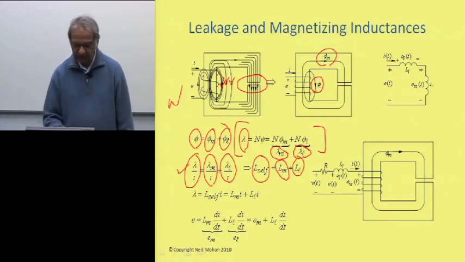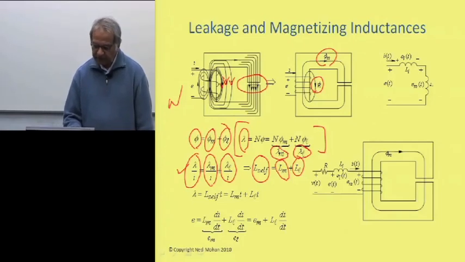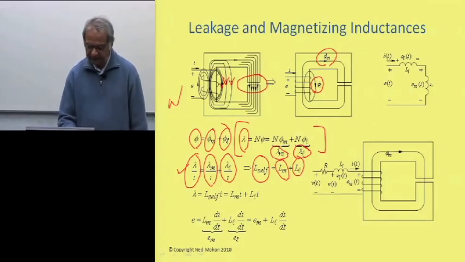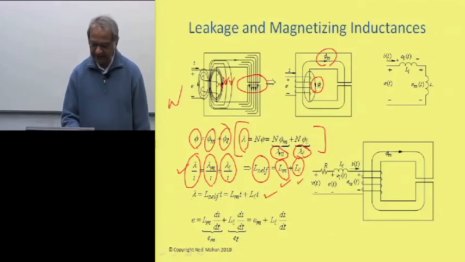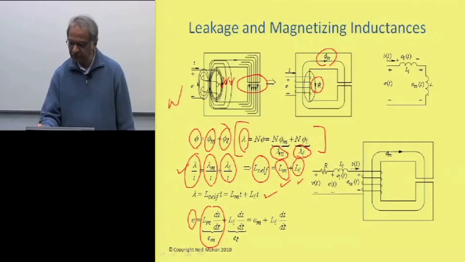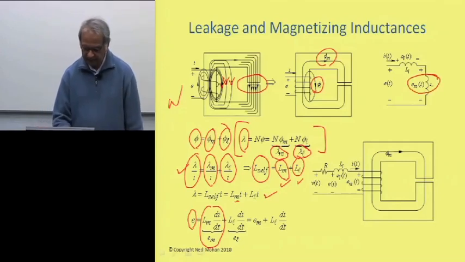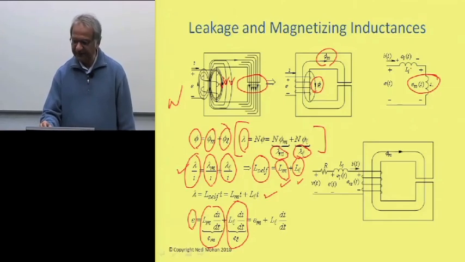Okay, so we can see that this self-inductance is really the sum of these two. If we multiply both sides of this by I, we have this expression, and if you take the derivative of that, that gives us the total voltage, which is the sum of this term here, let's call it E sub m, and this term over here, which is the voltage across the leakage inductance.